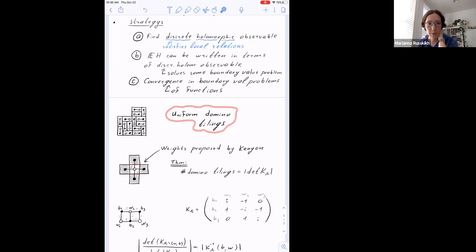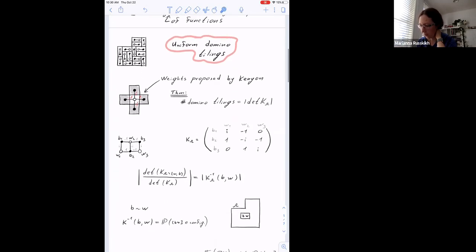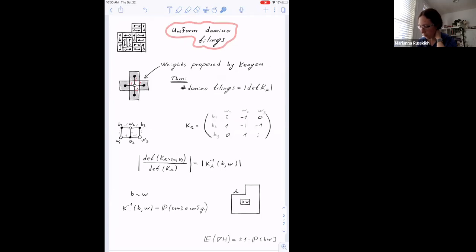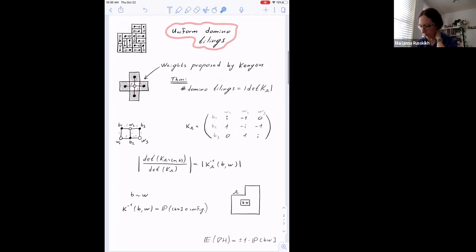And then we reduce all probabilistic questions to convergence in boundary value problems of discrete holomorphic functions to their continuous counterparts. This is a general strategy, and let me show how it works on the example of uniform domino tilings on the square lattice for some special type of approximations.